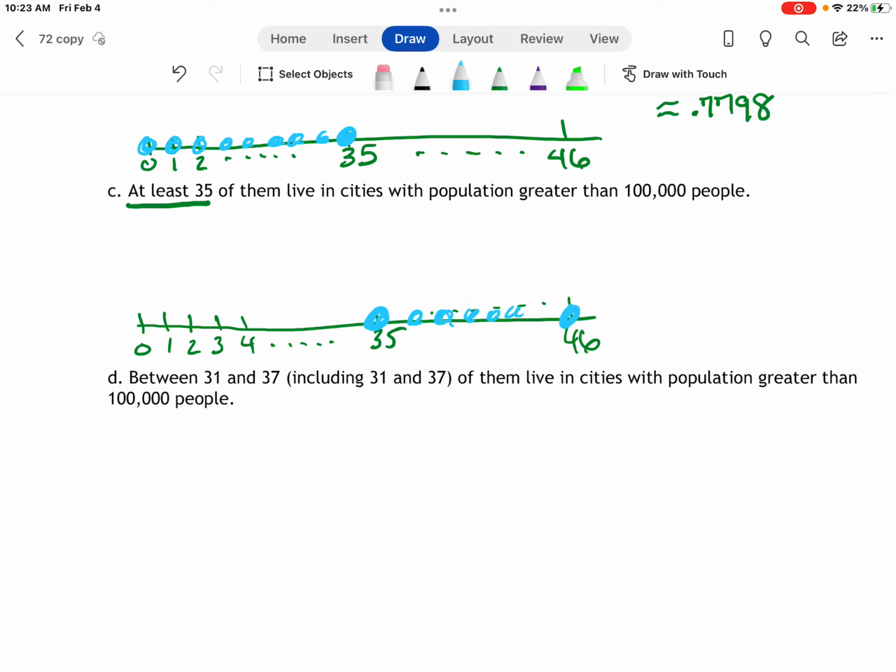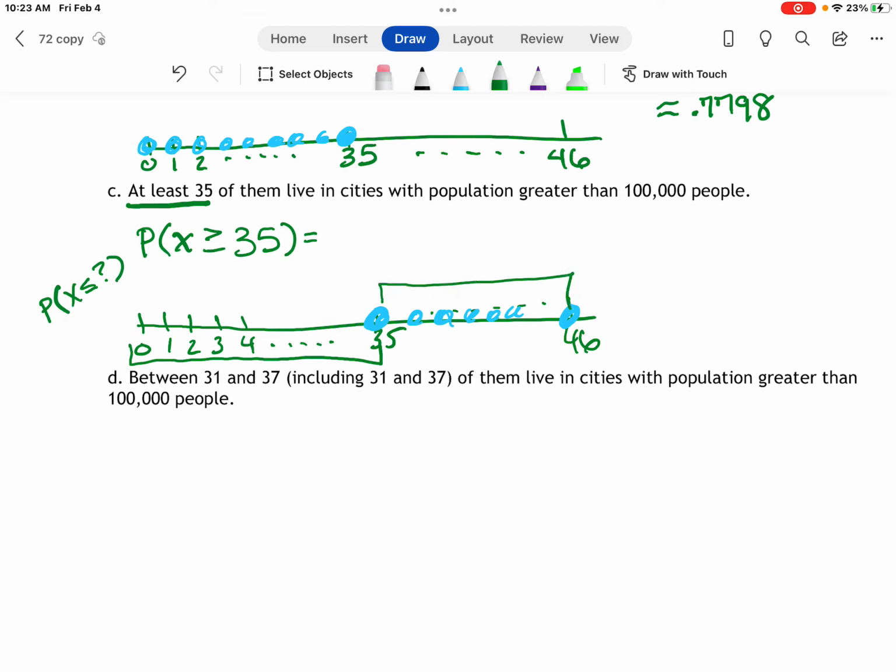So I want all the values from 35 up to 46. So now we're looking for the probability that X is greater than or equal to 35. However, do you remember that when we use the CDF function on our calculator, we want to make sure that it's of the form probability of X less than or equal to some number.